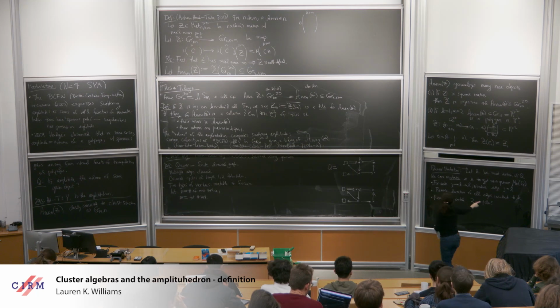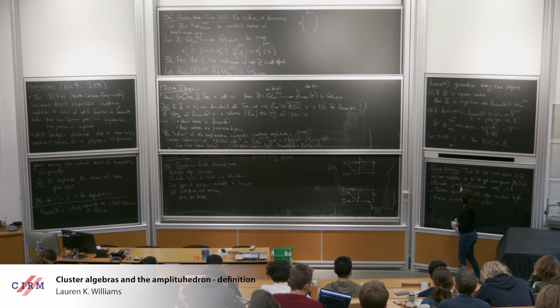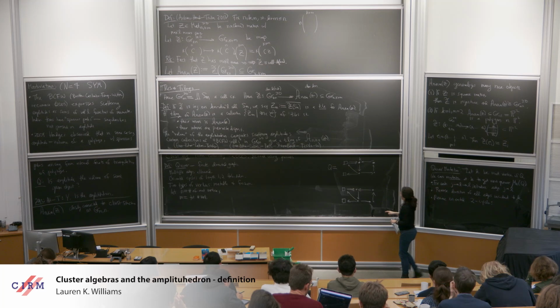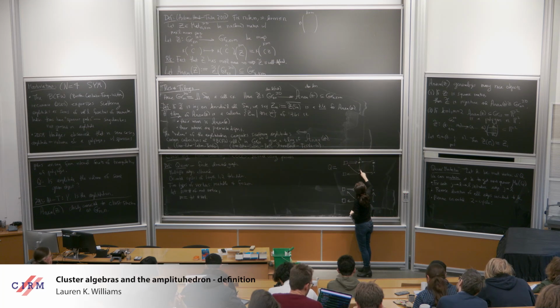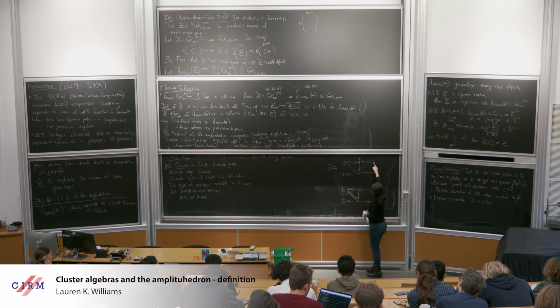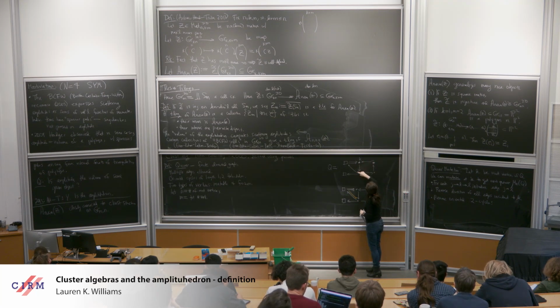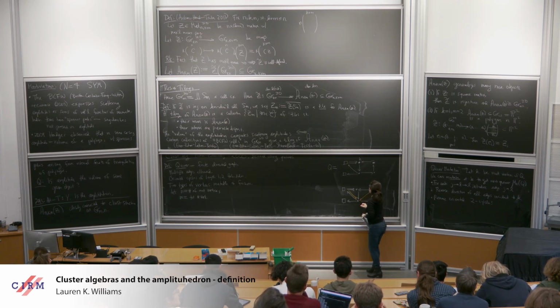Then the first thing I'm supposed to do is look for all paths of length 2 whose middle node is k. So I have 2 paths of length 2 that do this, and for each one I need to add a new arrow from the start to the finish. So I should add 2 arrows like this, and then I also have a path of length 2 that does this, and so I should add a new arrow going from the start to the finish. Okay, so I just performed step 1.